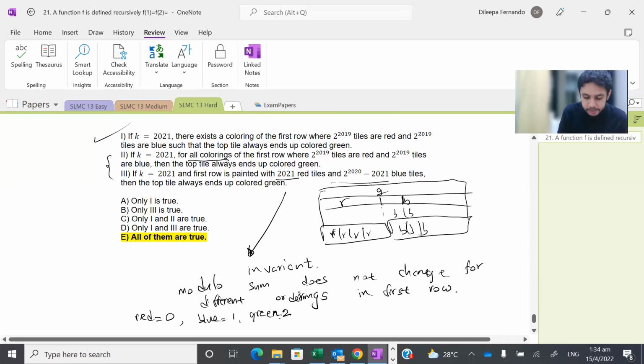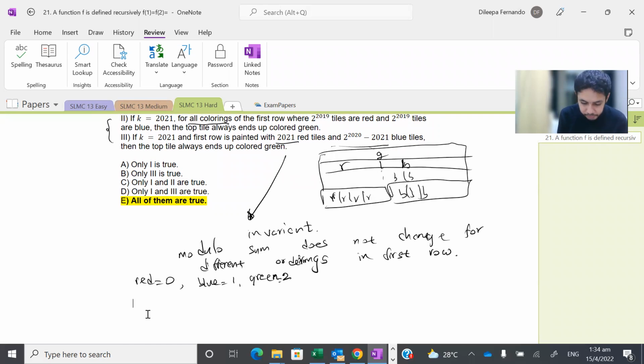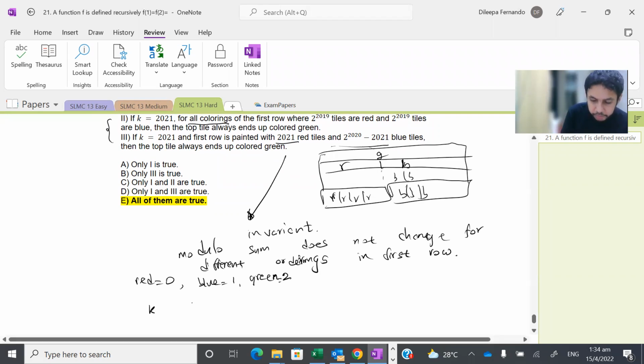Since we have 3 colors, we use all the modular classes of 3. And it's not very difficult to figure out the modular summations. So let's say we have modular summation of k in the first row. Why do we need this? We need to derive the modular summation in the topmost layer.